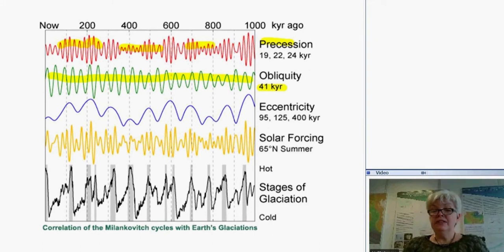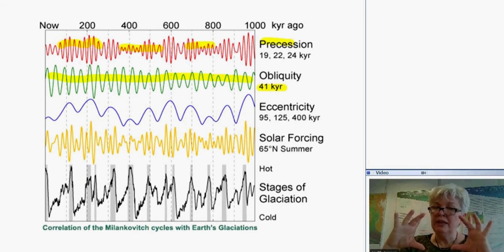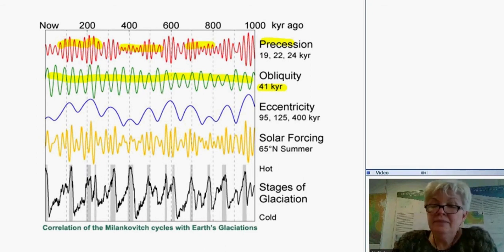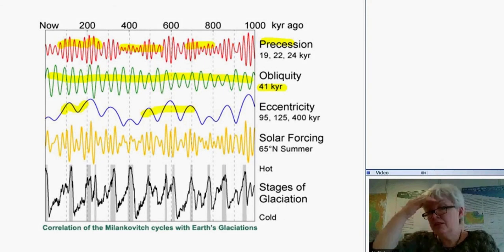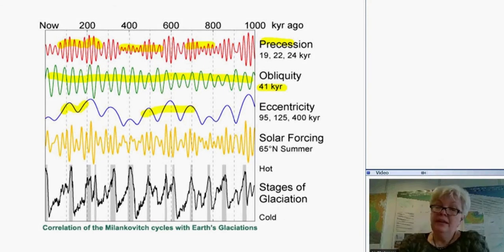The eccentricity was the shape of the orbit of the Earth around the Sun, which is sometimes circular and sometimes more like an ellipse. This shape of the orbit has a big influence on the change of the climate. And it changes with a period of 95,000 years, 125,000 years, and 400,000 years.